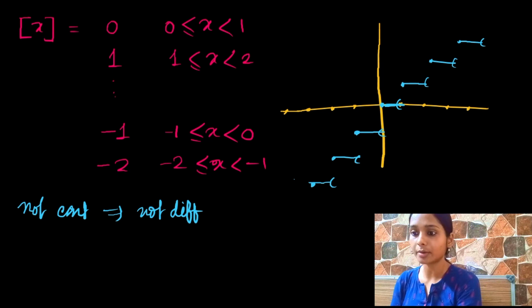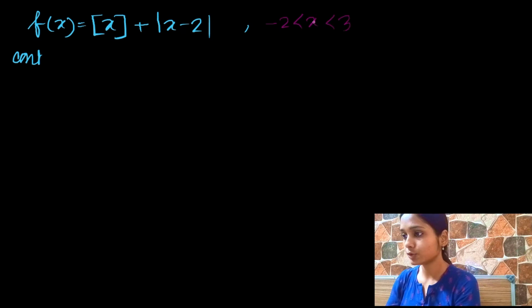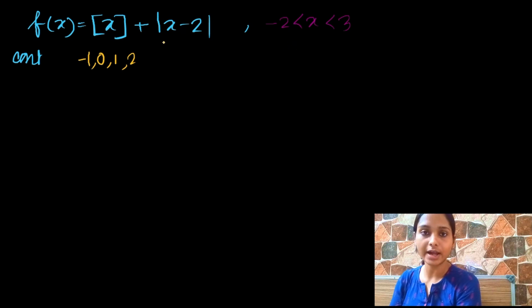Now if we come to our problem, f(x) = [x] + |x - 2| in the interval (-2, 3). For continuity, this function is not continuous at -1, 0, 1 and 2. These are open intervals, so -2 and 3 are not included.